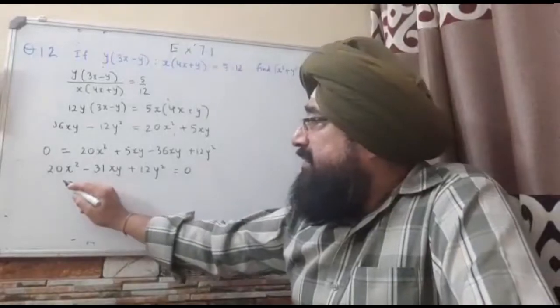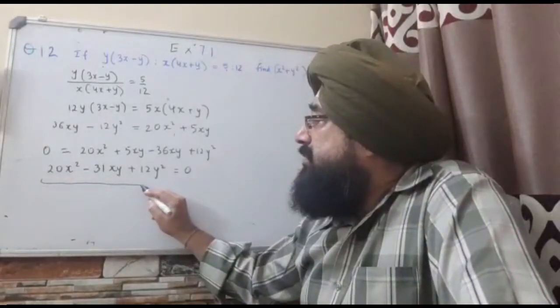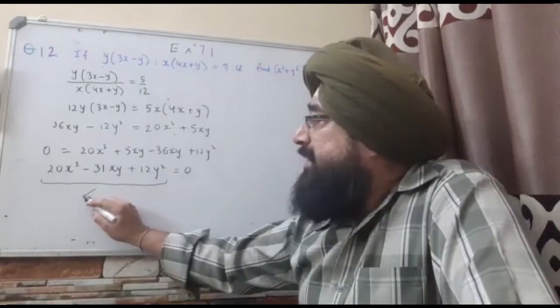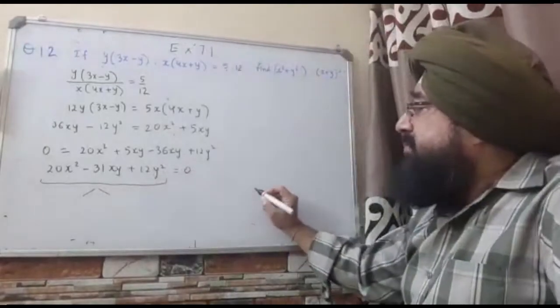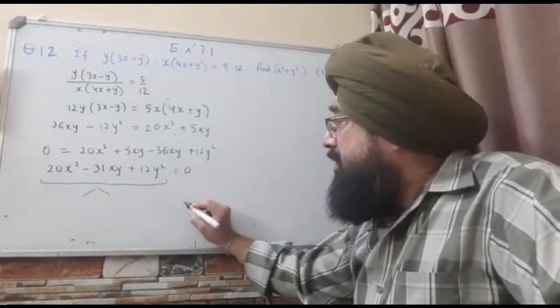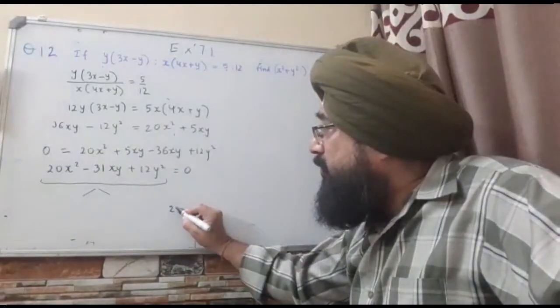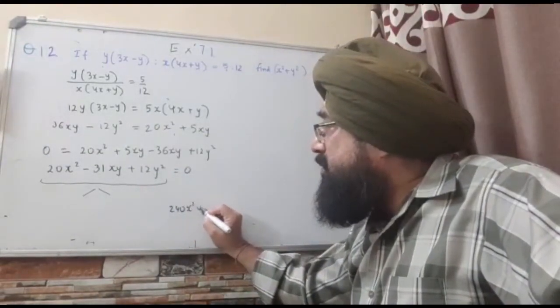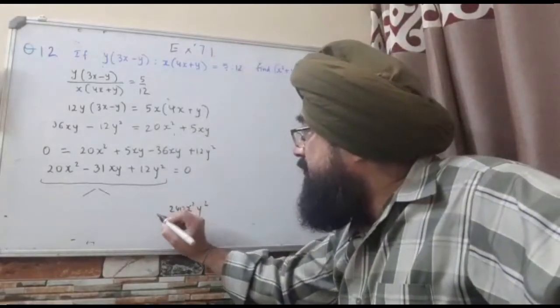So I mean, you can see this is actually a type of a sort of a quadratic equation which can be solved by splitting the middle term. You can see when we multiply the extremes, I should get what? 20 into 12 is 240. 240 x square y square 240. Yes, with a plus sign.